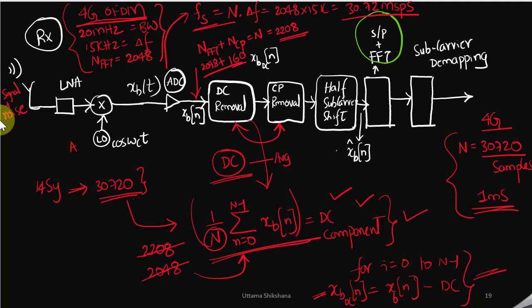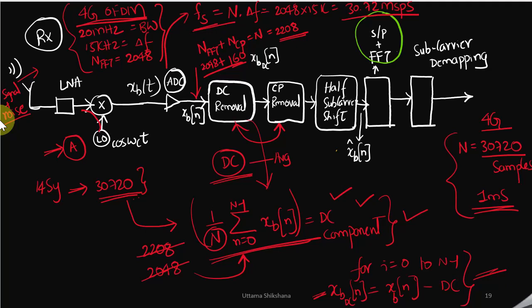But anyways, to fine tune the algorithm, I would recommend that you simulate it in MATLAB. So what is the incoming signal? You can take the signal to be QPSK or 16-QAM, and you add the noise, and you add the LO leakage as well. You know what signal to add here, and for that you can take the parameter A as a variable parameter, where you can fine tune the amount of LO leakage, and then you can perform all these operations in MATLAB, and then you can see the output.